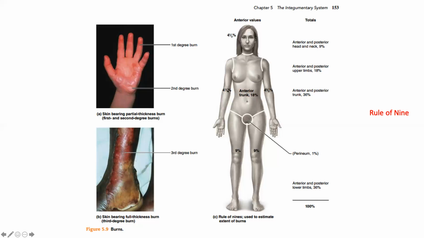The anterior surface of the upper limb will be 4.5, and the posterior surface will be 4.5. In combination, the upper limb will be 9. When it comes to the lower limb, because the lower limb is double the surface area of the upper limb, the anterior surface of one lower limb will be 9%, and the posterior surface will be another 9%. And if we add like that, then we will get 99%. And the rest 1% will be our perineum.